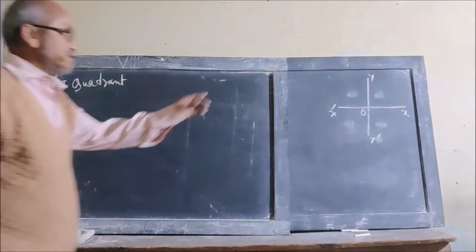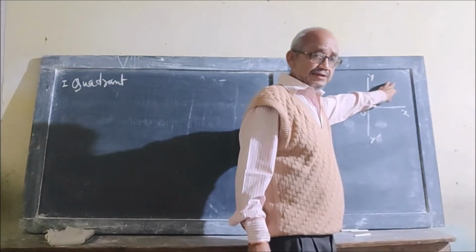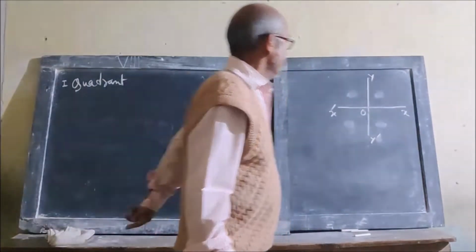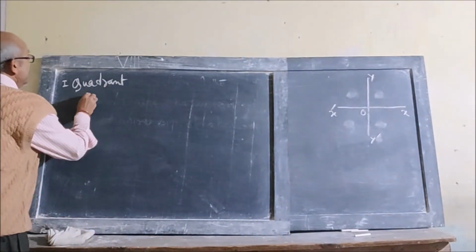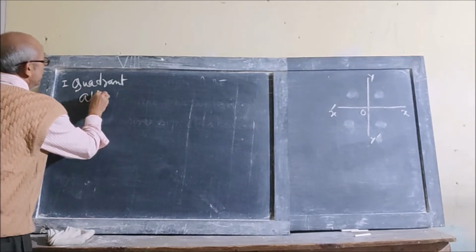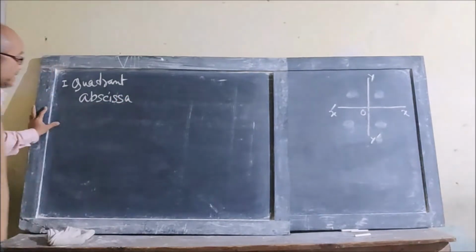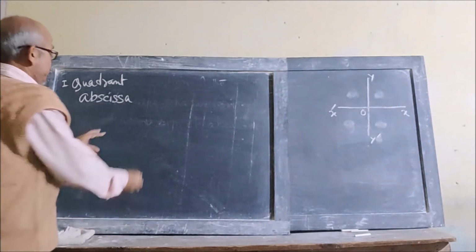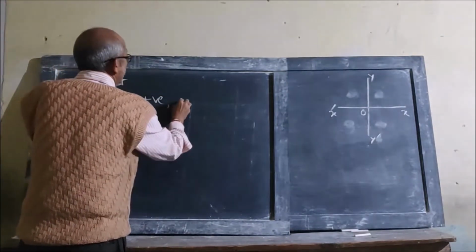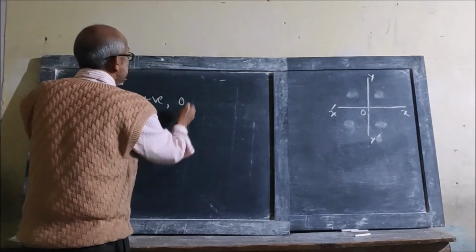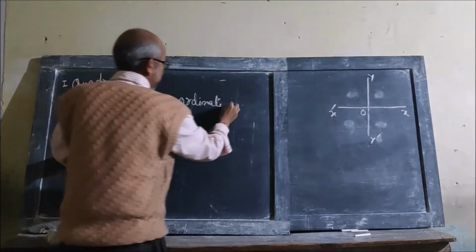For the first quadrant, we can write like this: abscissa is positive, and ordinate is also positive.